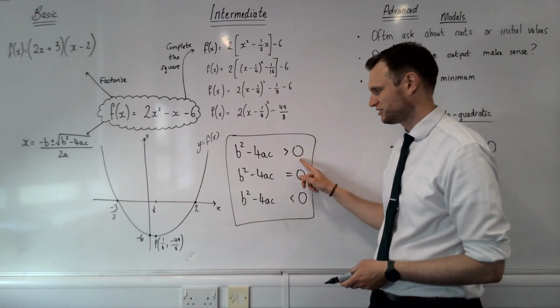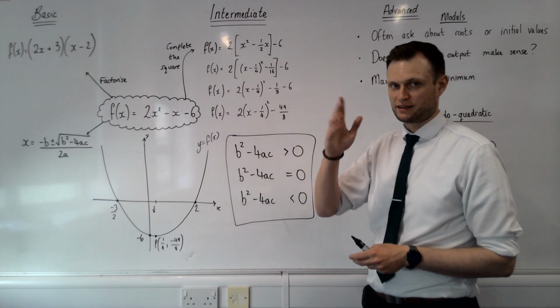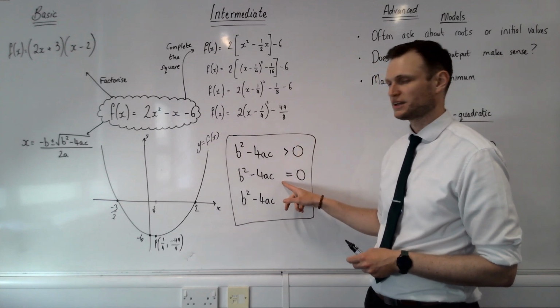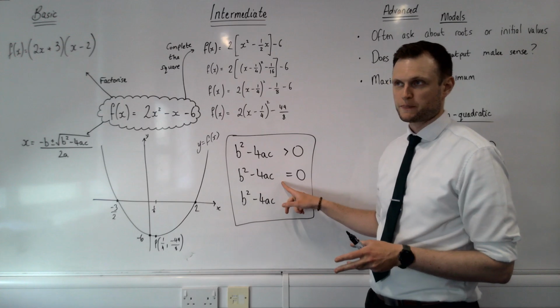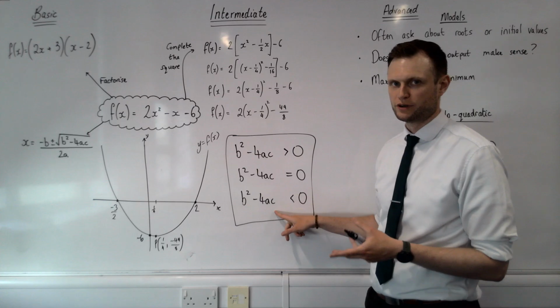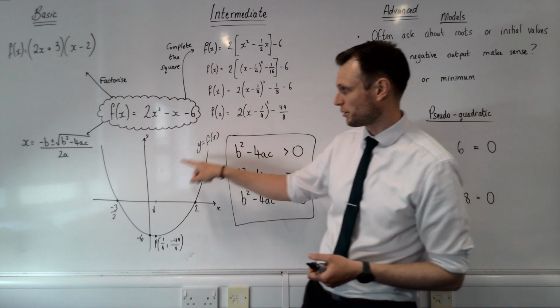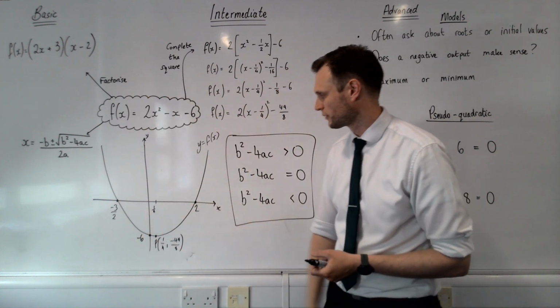So here it crosses the x-axis twice, here it goes to the x-axis and then bounces off, so it touches it but never goes through the x-axis, and then this is where there is no real solution, never even gets to the x-axis, so either from above or from below.